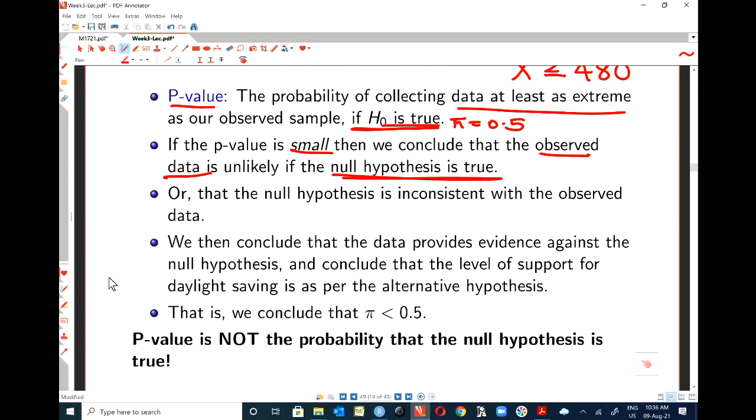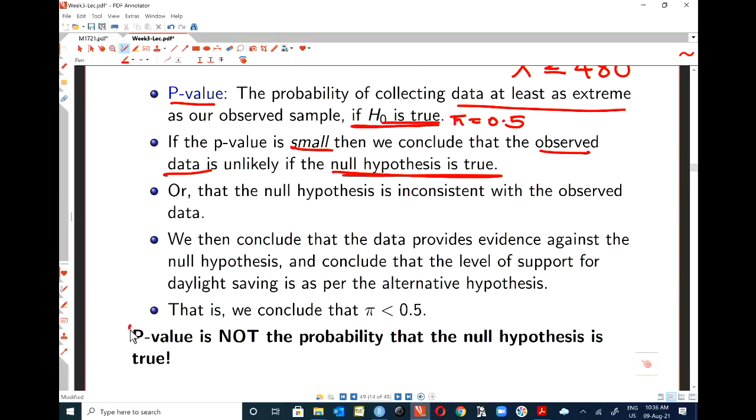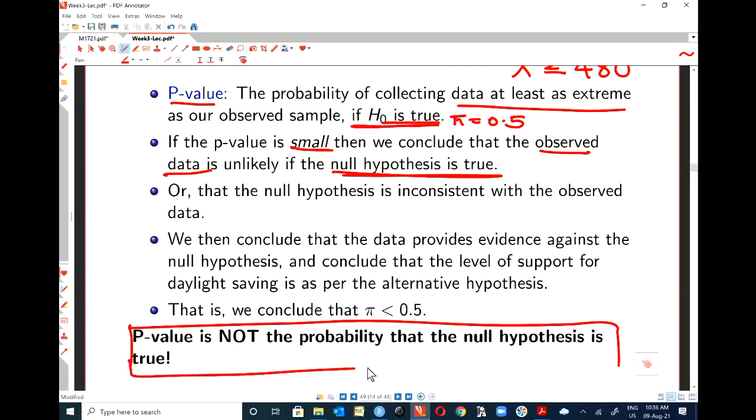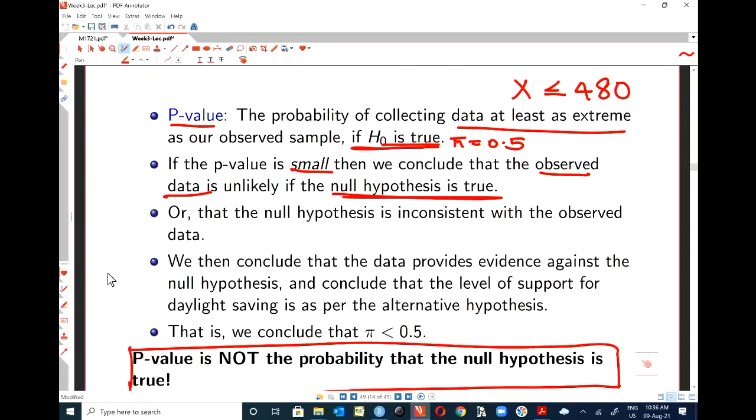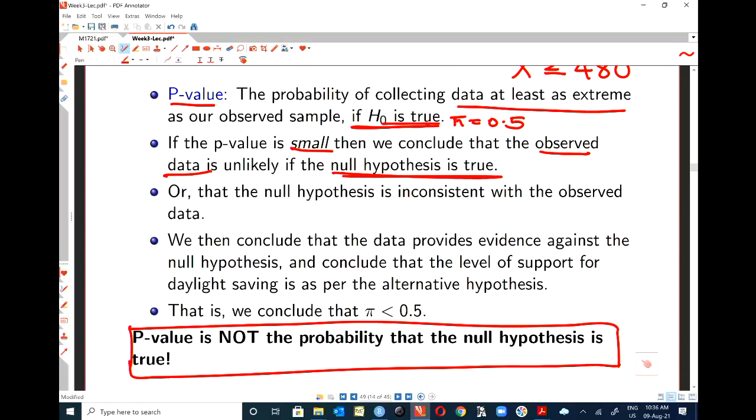Now, this is a common problem and misunderstanding. This is not a probability that the null hypothesis is true or false, nothing to do with that. It's just a judgment, a criterion based on the data to decide if there is support or evidence in the data for the null hypothesis or against the null hypothesis. So it's not the probability that the null hypothesis is true or false, nothing to do with that.